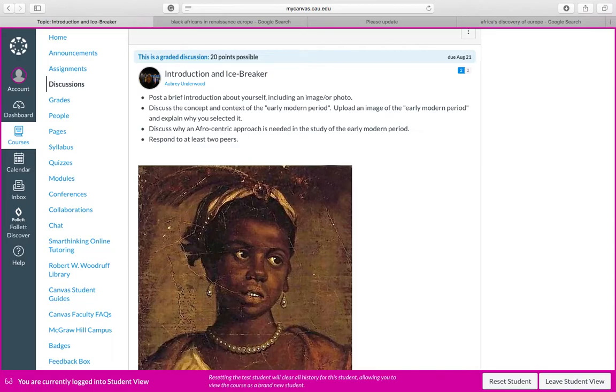One of the ways that we can start to reshape our understanding of this period is to look and see how Africans viewed Europe, while also keeping in mind what is going on in terms of this broader period. This is going to be the period in time where we see the combustible relationship between Christianity and Islam.